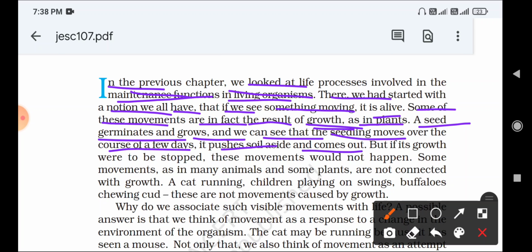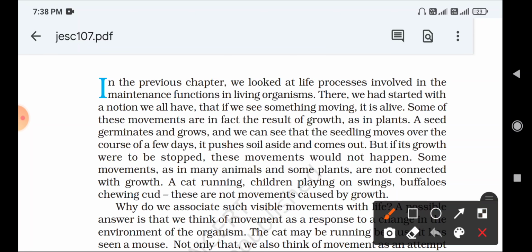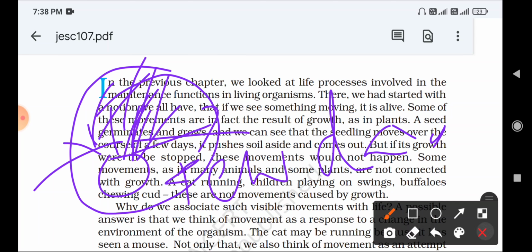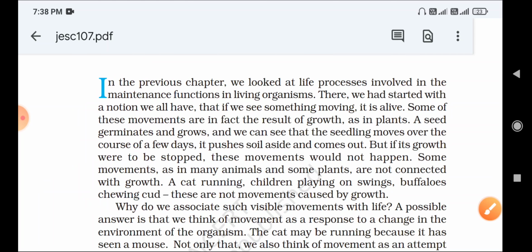Here, for example, the movement is related to growth in plants. First the seed will be deep inside the earth.